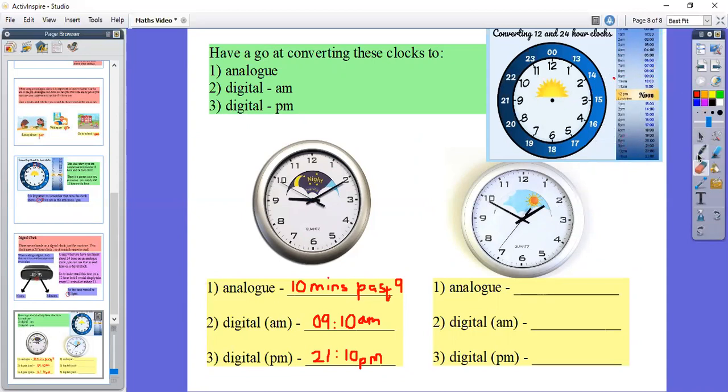Okay, so looking at this time, I can see it is 10 minutes to 2 o'clock. I'm going to write 10 mins to 2. On a digital clock, 2 o'clock.